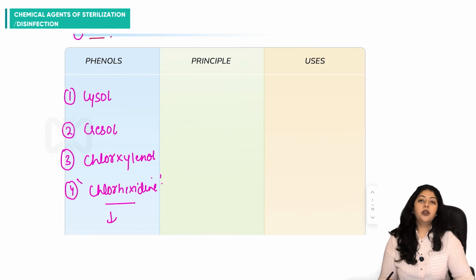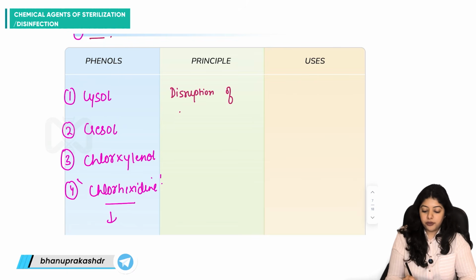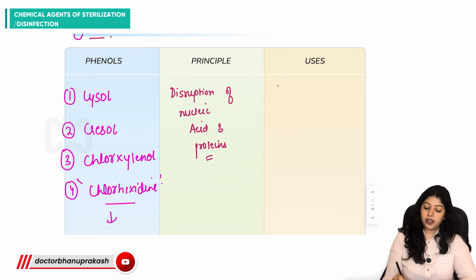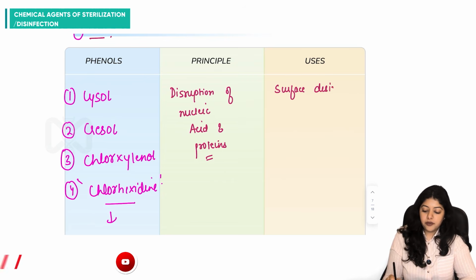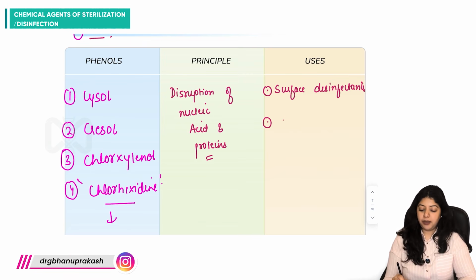Now, the major principle of the activity of these phenols is the disruption of nucleic acid and proteins. And they are majorly used as surface disinfectants, but some agents in phenols can be used as skin antiseptics.